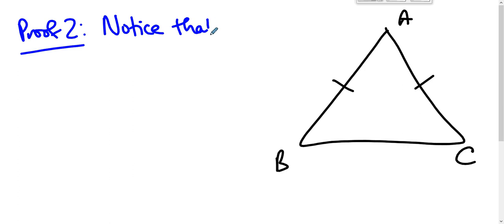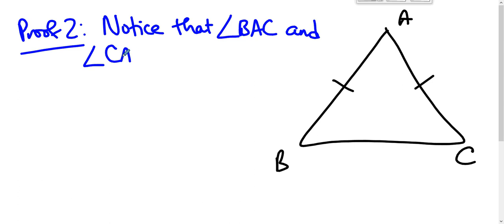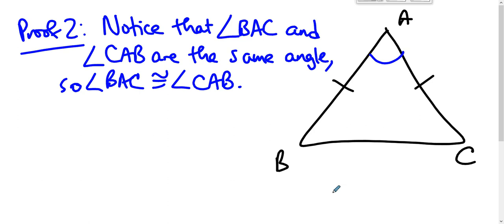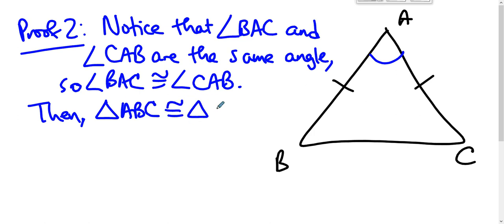Notice that angle BAC and angle CAB are the same angle. So angle BAC is congruent to angle CAB. Well, why would I care about that? Then triangle ABC is congruent to triangle ACB by side angle side.